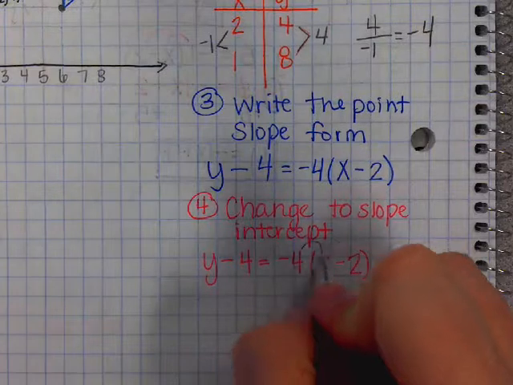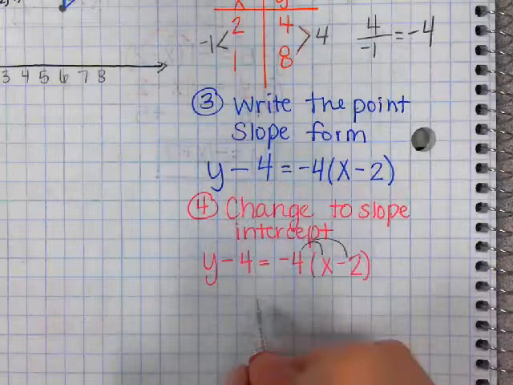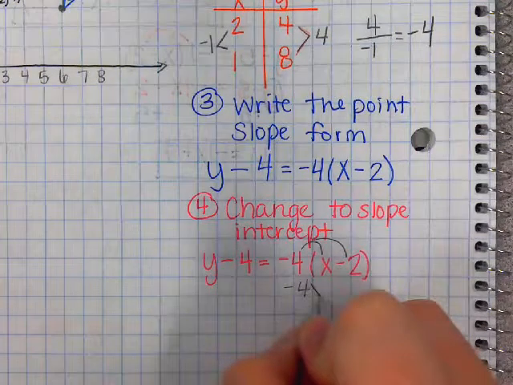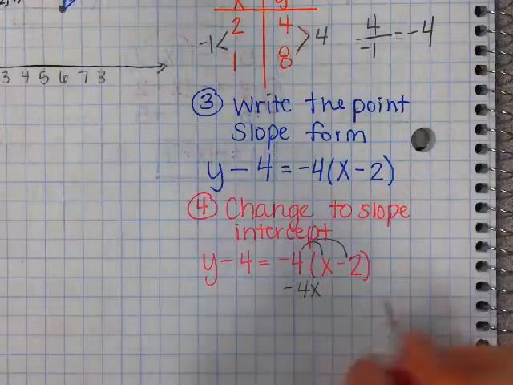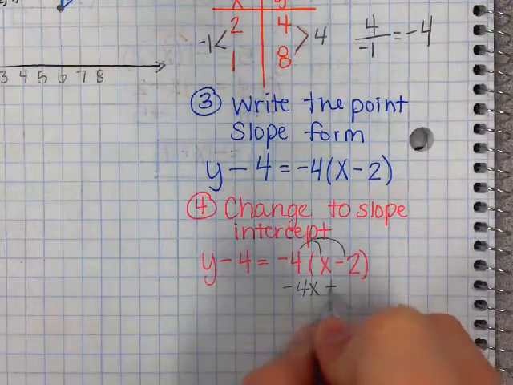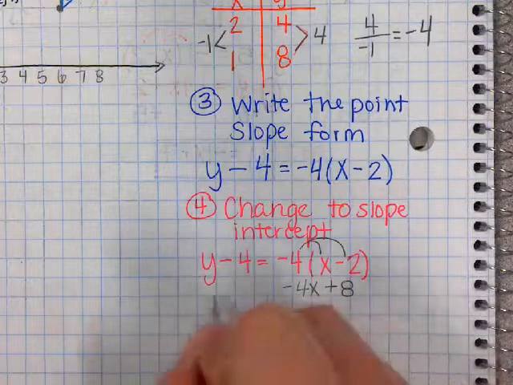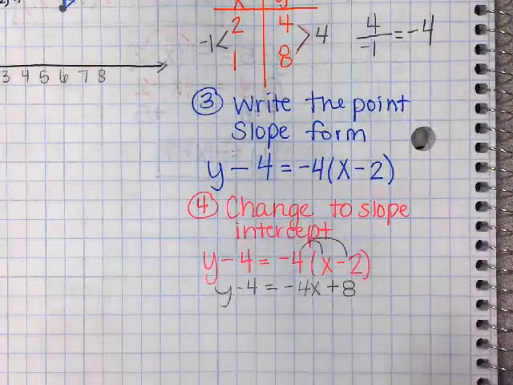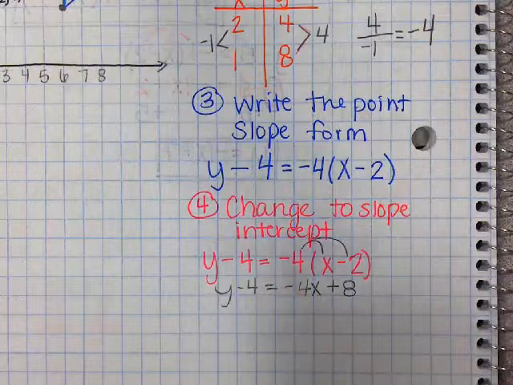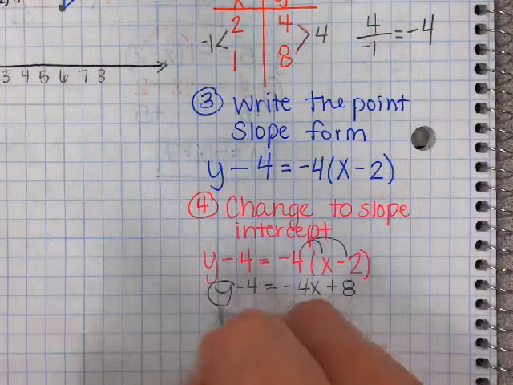So I'm going to go ahead and do those steps. So distribute. Negative 4 times x would just be negative 4x. Negative 4 times negative 2. A negative times a negative is a positive. 4 times 2 is 8. So it'd be y minus 4 equals negative 4x plus 8.